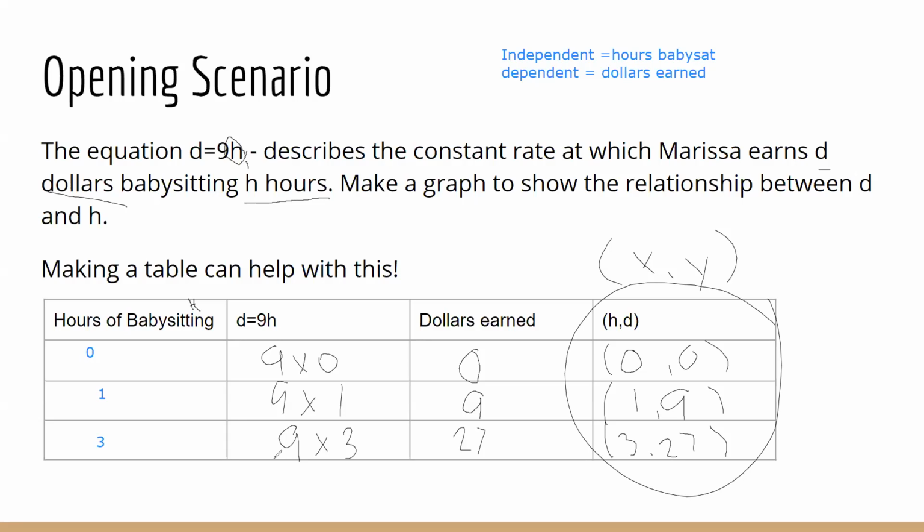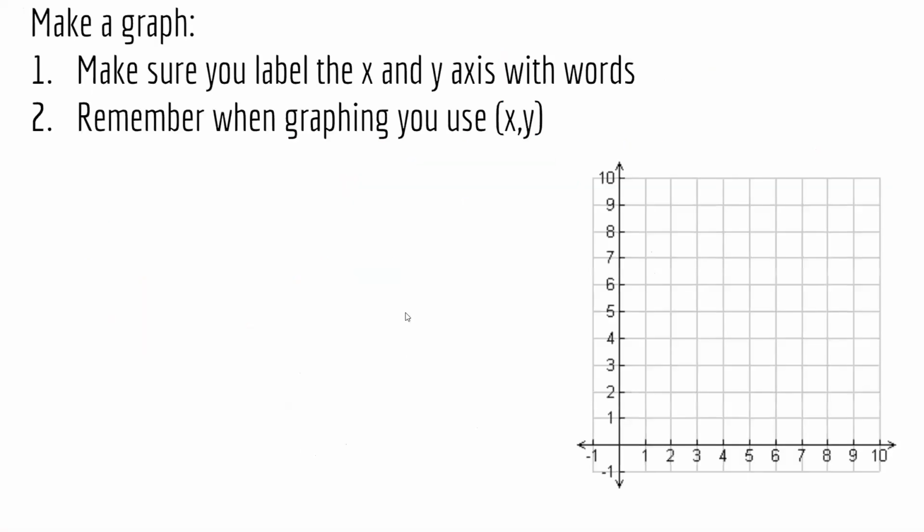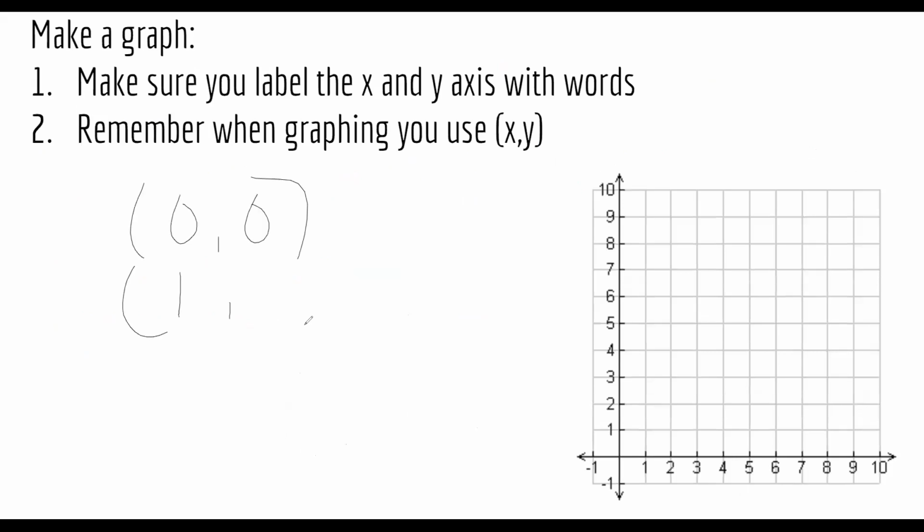Okay, so I'm going to switch to the next slide. I'm still using these 3 and I'll rewrite them on the next slide, but now I'm going to go ahead and graph. So remember, when you are graphing, and I'm just rewriting the coordinates, I had 0, 0. When I spent 1 hour babysitting, I had 9, and 3 hours gave me 27. So this is X, this is Y. So remember, when you are graphing, you need to make sure you label the X and the Y axis.